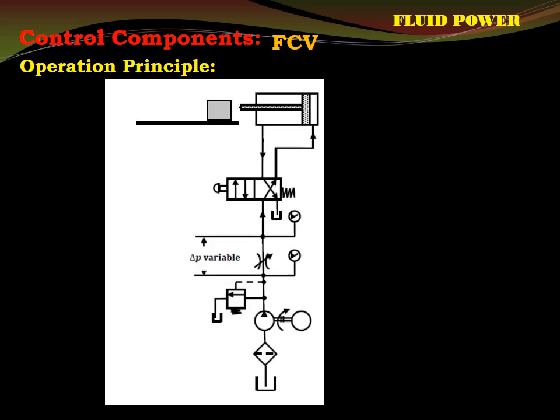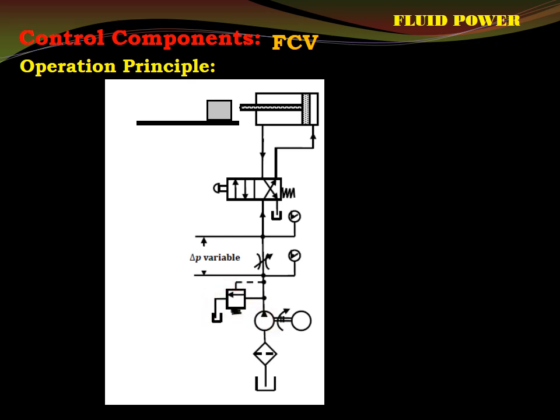Now I'll just describe here the operation principle with the help of this circuit. In this circuit, there is one piston cylinder arrangement, there is one load. Here is the piston cylinder, here is the load, here is a direction control valve, and there is obviously the pump set.